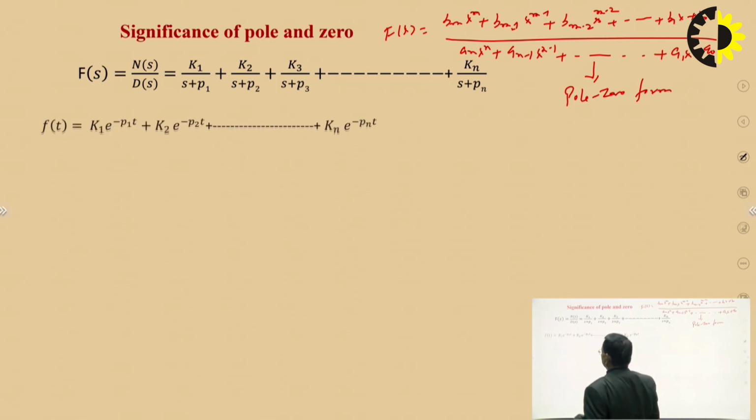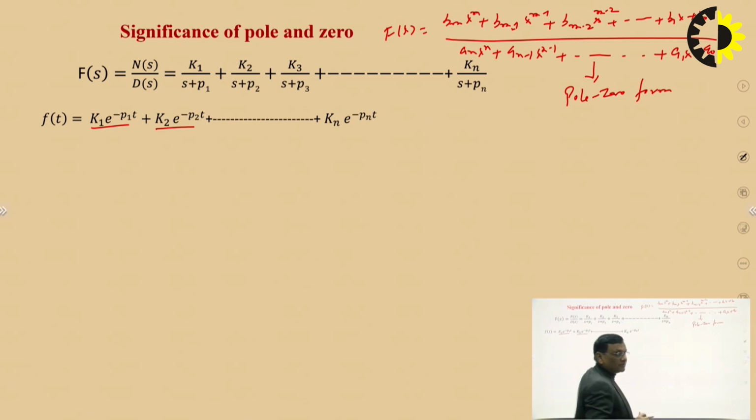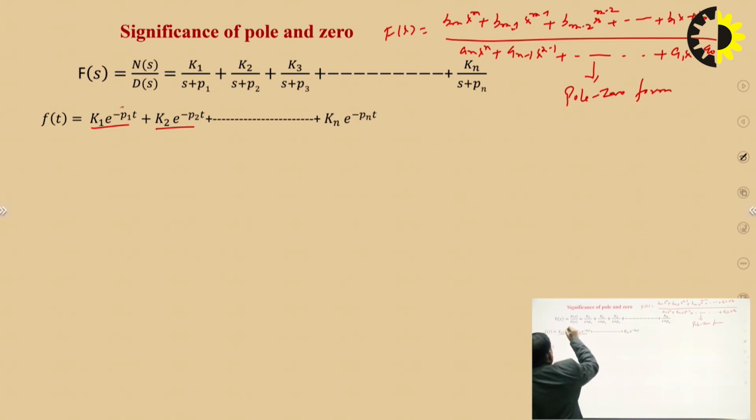If we take the time response, it is k1 e to the power minus p1t, plus k2 e to the power minus p2t, plus kn e to the power minus pnt. So look at here, these are the poles.